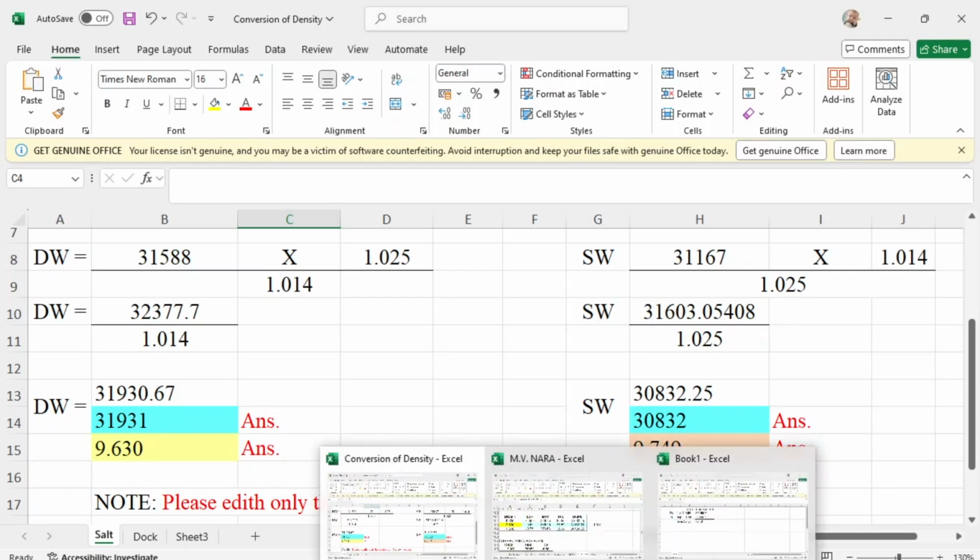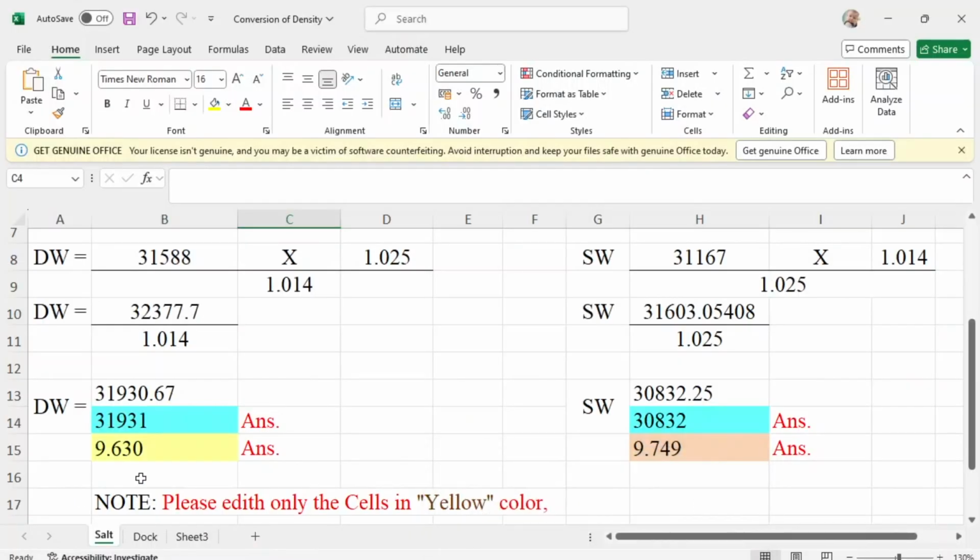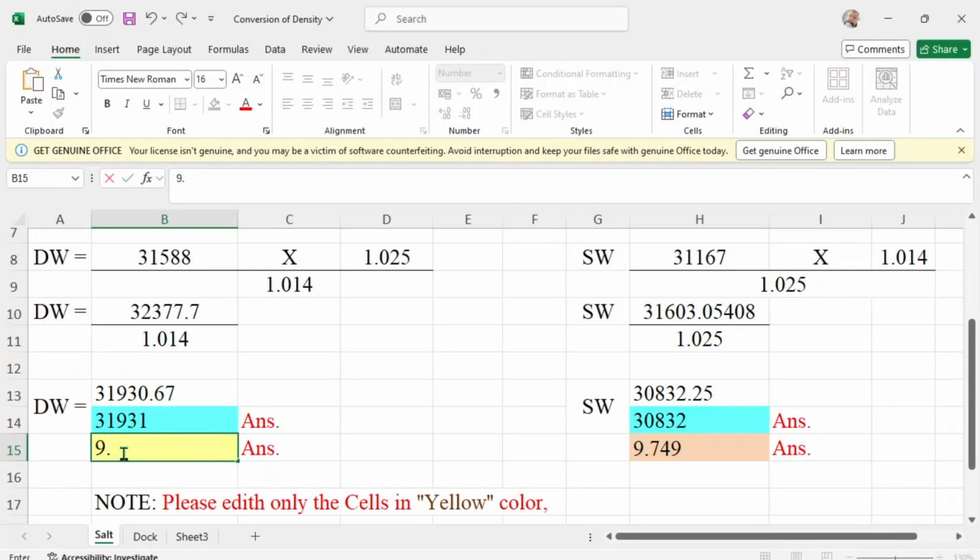His density will be, how much will be his draft? 9.846. Okay.